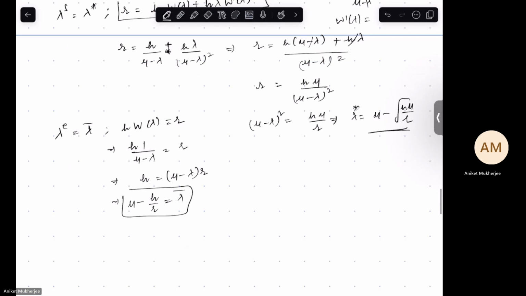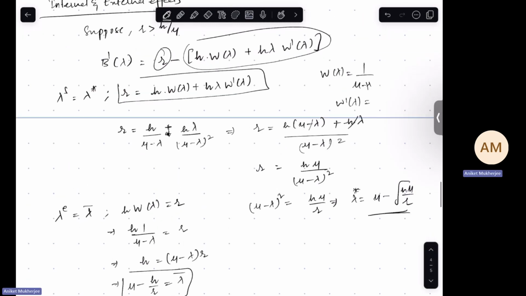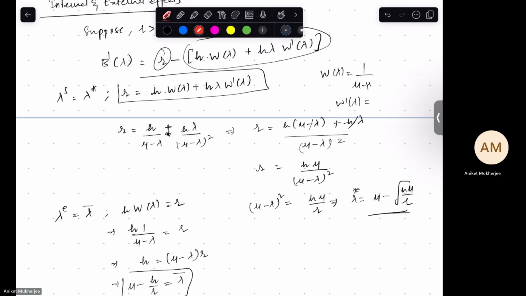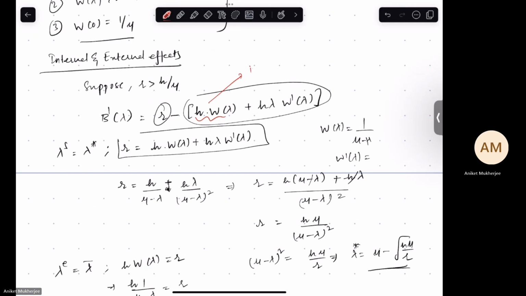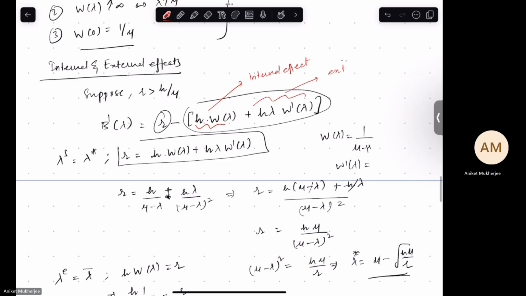So we can interpret this term H into W lambda as the internal effect, and this term H lambda into W prime as the external effect.